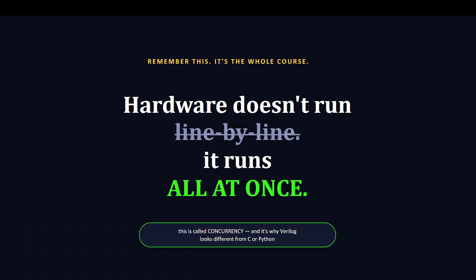Hardware is more like an entire kitchen staff on a busy Friday night. The grill guy, the salad station, the guy plating desserts, all working simultaneously, all the time, nobody waiting in line for their turn. That's called concurrency. And it's the whole reason Verilog feels weird at first. If you are coming from C or Python, keep this in your head. We are coming back to it constantly.